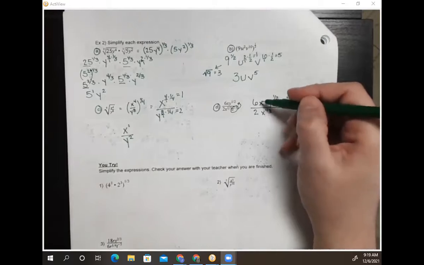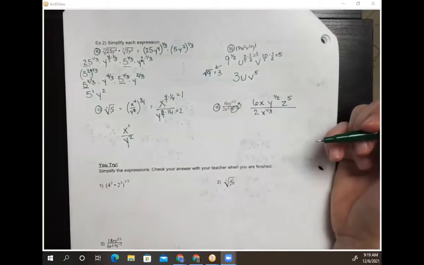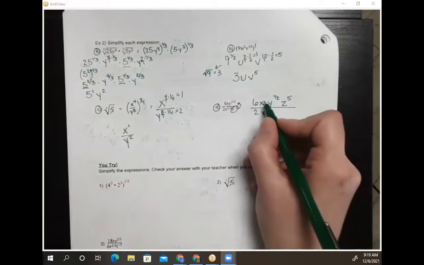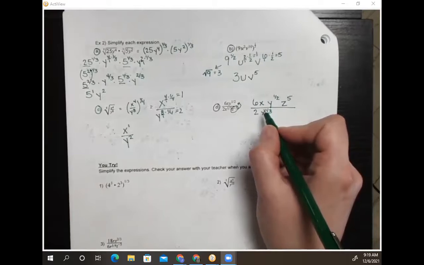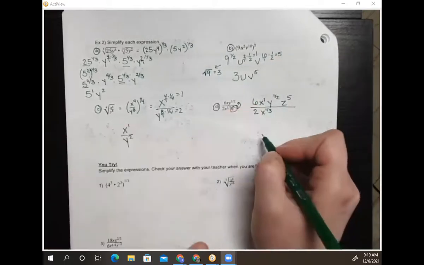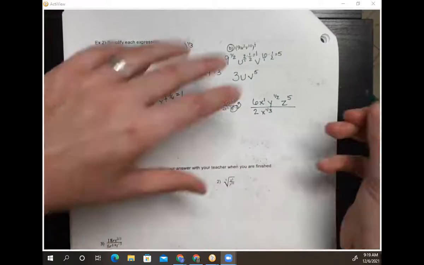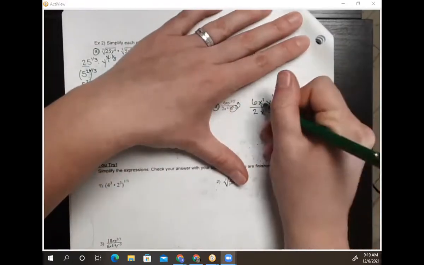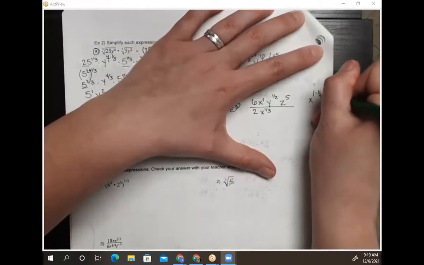Now, I've got an x term on top and bottom. When I have an x term on top and bottom, we're going to subtract the exponents. I don't see an exponent on the x that's on the top. So what is it? It's 1. So to combine my x's, remember we do big minus little. So I would have 1 minus 1/3. And it's going to stick on the top. So I would have x to the 1 minus 1/3.